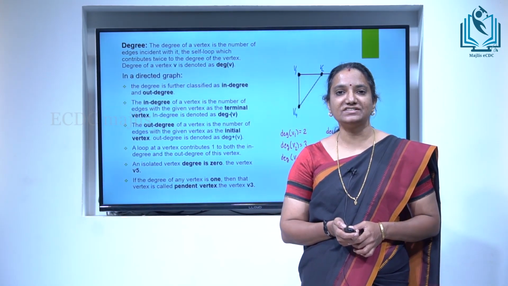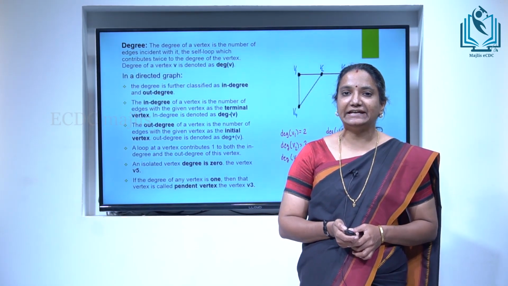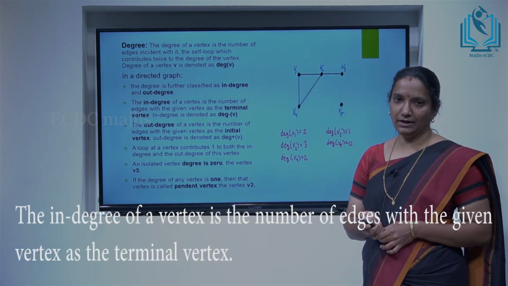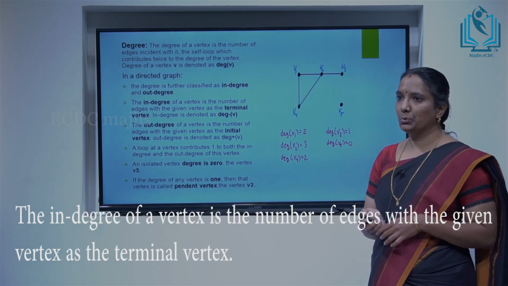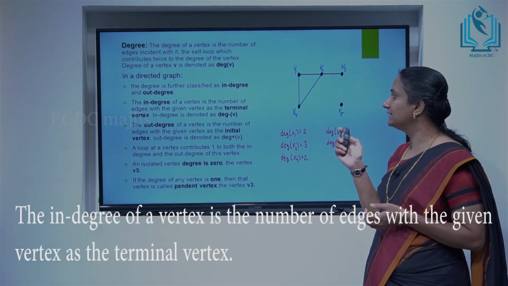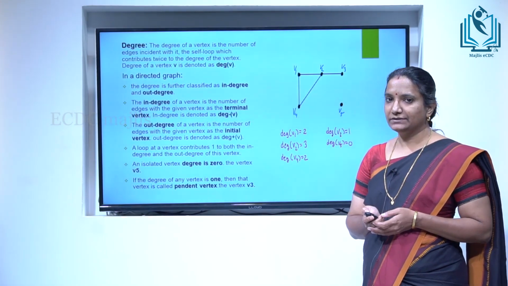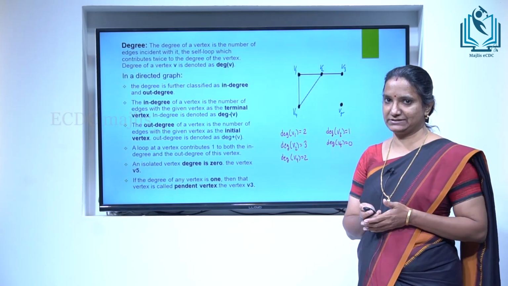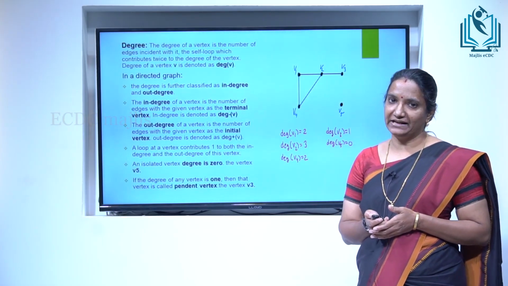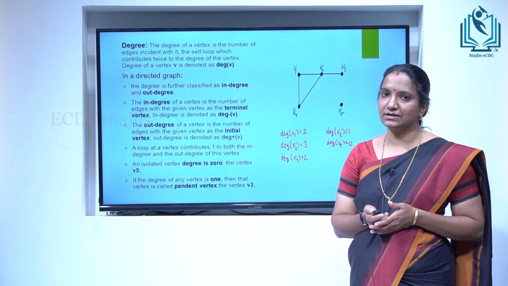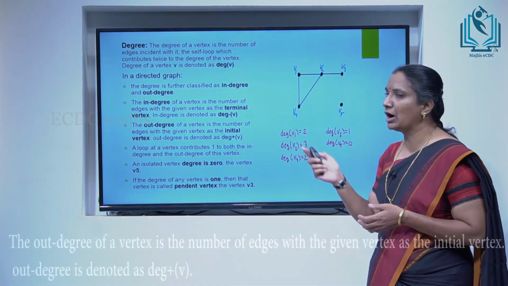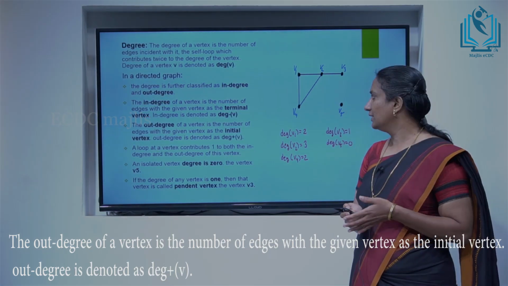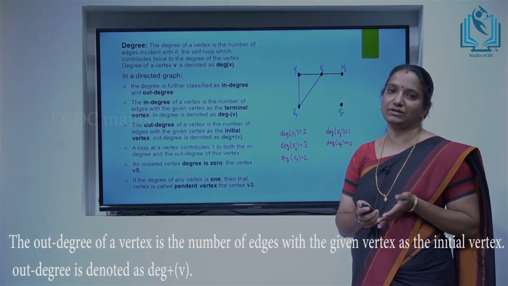a directed graph, the degree is divided into two: in-degree and out-degree. The in-degree of a vertex is the number of edges with the given vertex as the terminal vertex, that is, the edges which end on that vertex. The in-degree is denoted by deg⁻(v), and the out-degree of a vertex is the number of edges with the given vertex as the initial vertex.